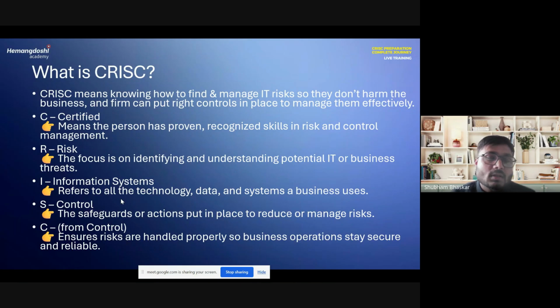There is a risk in information systems, which deal with confidential, highly confidential data all the time. You have to manage the risk. That's why you are certified. And when you manage the risk, you also put controls in place so that the business is not facing any loss. The business operation stays secure. That's all your job is. If you're certified, that's what you will be doing. I hope I've made it as simple as possible.